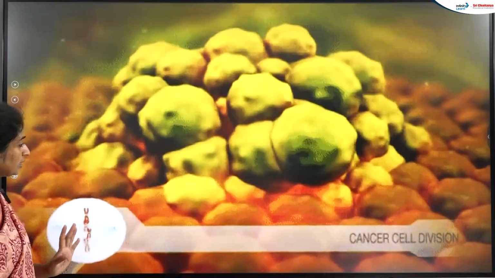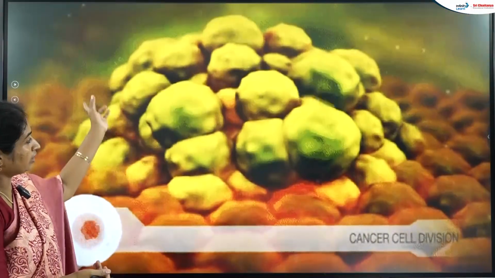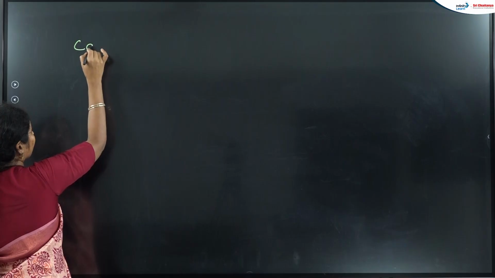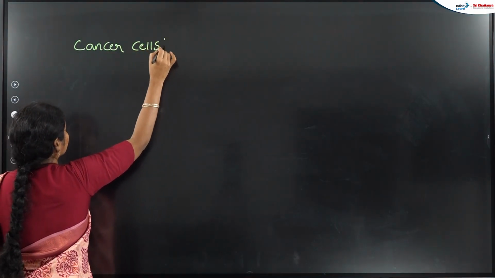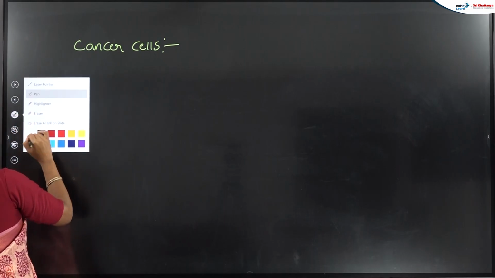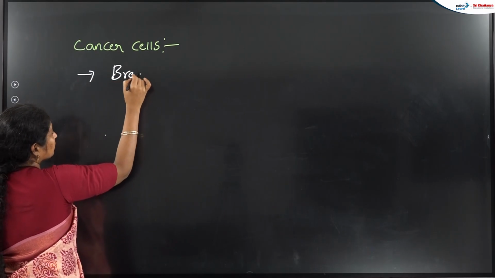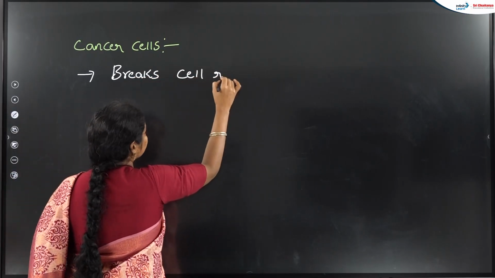Next, cancerous cells. Cancerous cells show abnormal cell division and break the cell regulation.